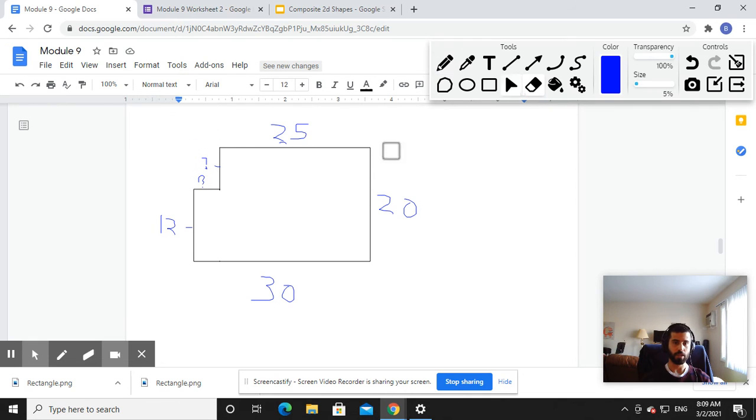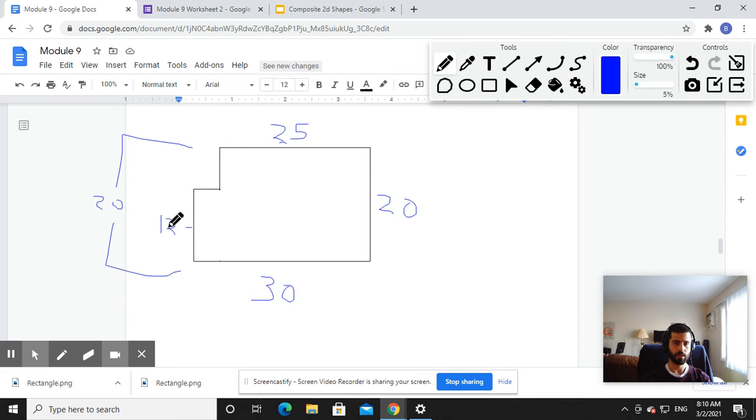Well, it's simple. We can start with either one that we want. And I will start with this vertical line. We know that this side, and if this just kept going, this would be 20 as well. So we know that this whole part is going to be 20 units. But that isn't there.